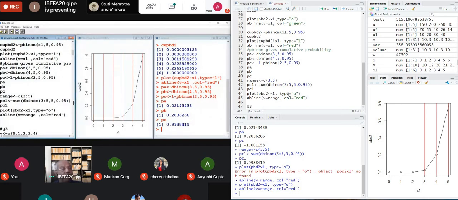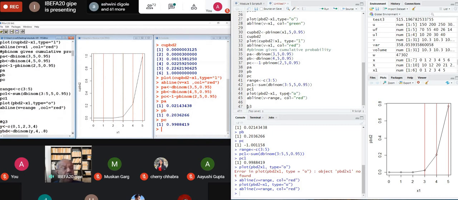Or there is an option. As I defined the range, define the range 3 to 5. Compute the D binom and the sum. That also I have shown on the next step. See, third part. The alternate procedure is the range will be 3, 4, 5.